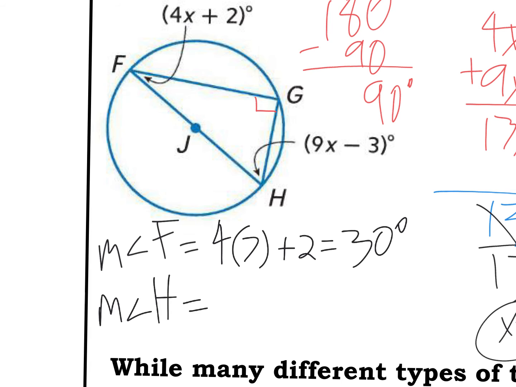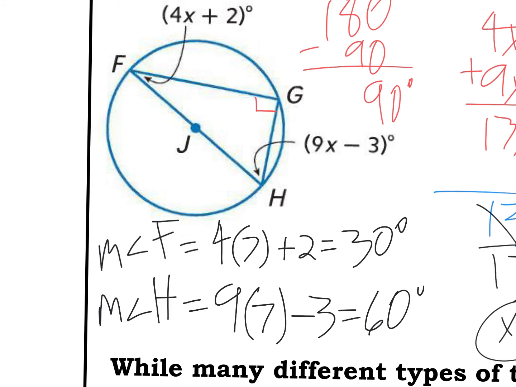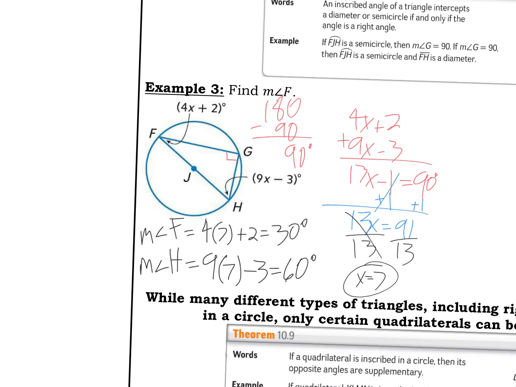But you should also get 60 by plugging 7 into the expression for angle H. So 9 times 7 is 63, minus 3 degrees, which is 60. So 30 plus 60 plus 90 equals 180. That's how you know you did it right, because all three of your angles add up to 180 degrees.